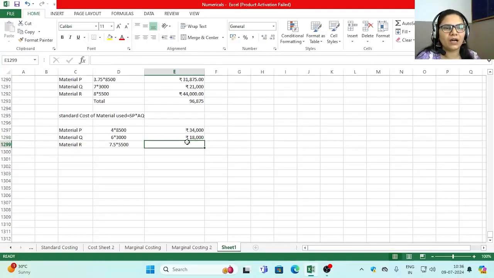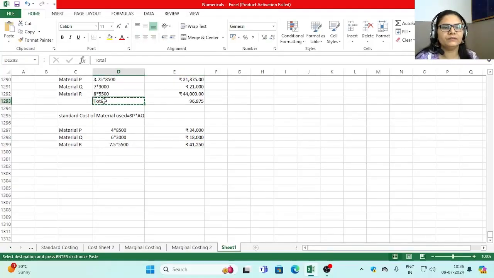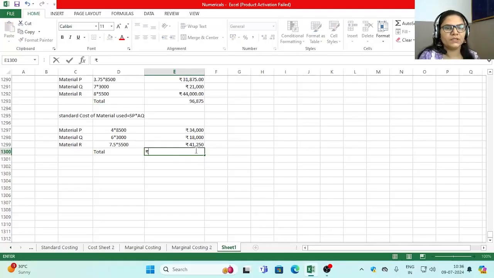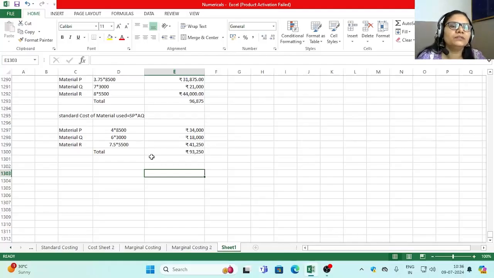For material R, it will be 41,250. Next is total. Total is 93,250. So this is our standard cost of materials used.